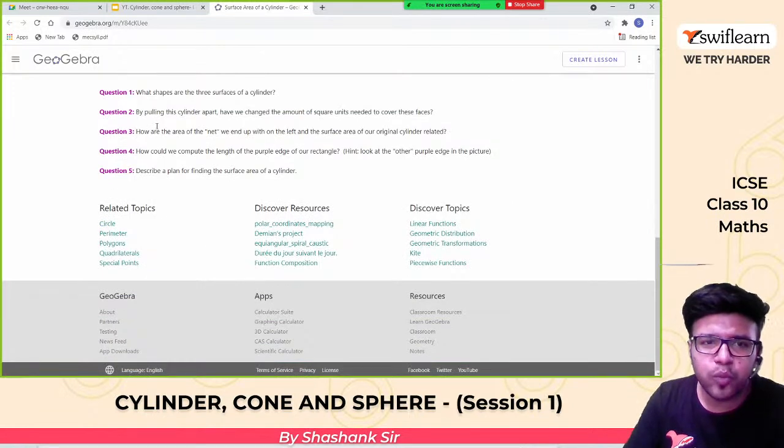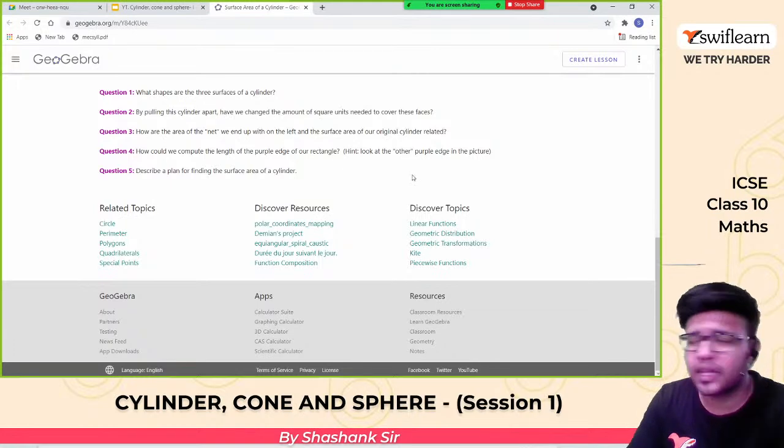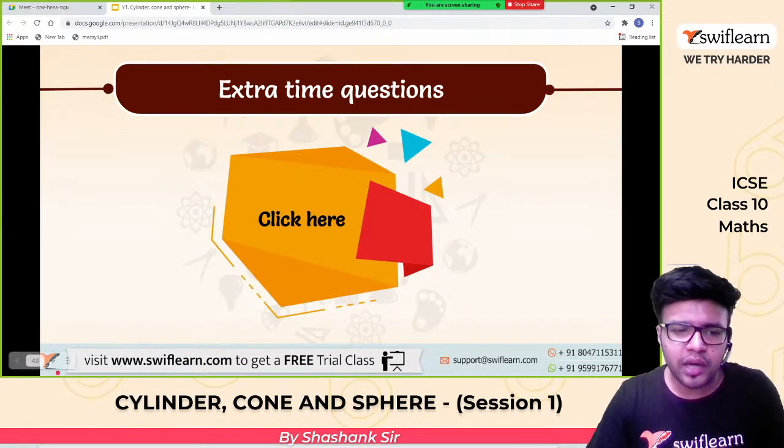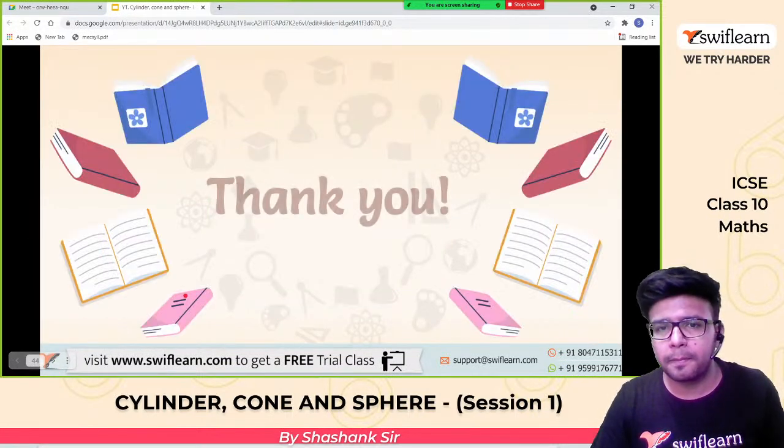By pulling this cylinder apart, we have changed the amount of square units needed to cover these faces. How is the net area of the cylinder related to the surface area? Total surface area is curved surface area plus area of the top and the bottom.